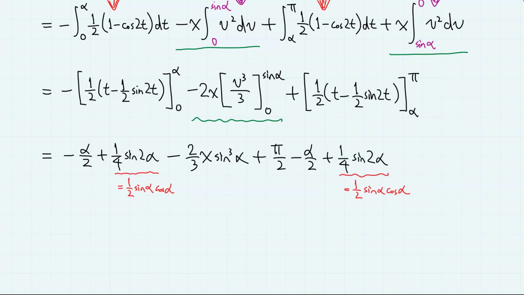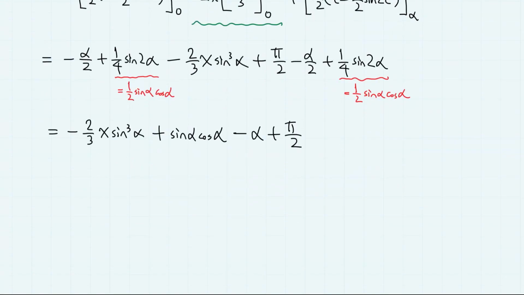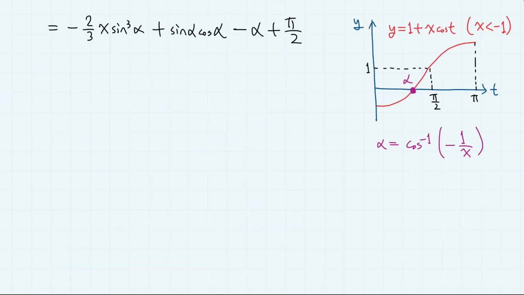And applying the sine double angle formula, let's write minus 2/3 times x times sine cubed alpha first, and then the sine alpha cosine alpha term, which is just plus sine alpha cosine alpha, then the alpha term minus alpha, then constant pi over 2. We need to convert this into a function of x, and this time alpha is greater than 0 and less than pi over 2, which means that cosine alpha is positive and sine alpha is also positive.